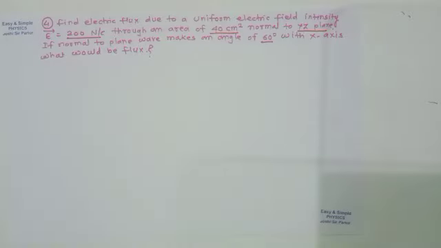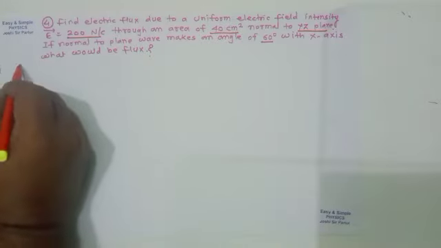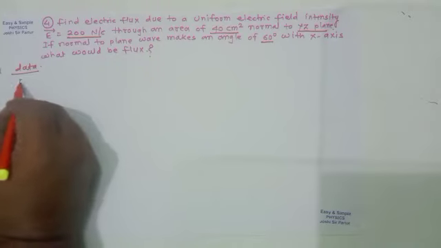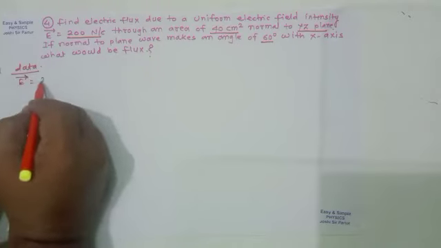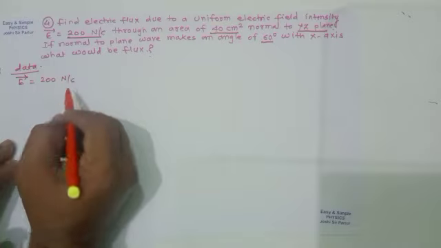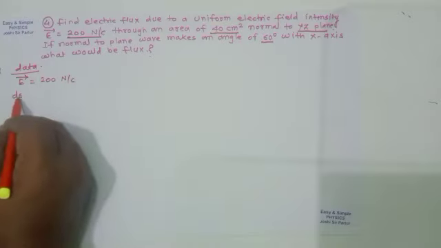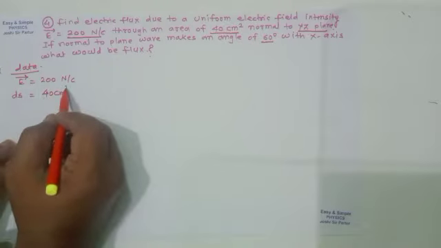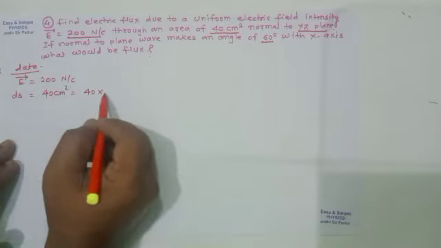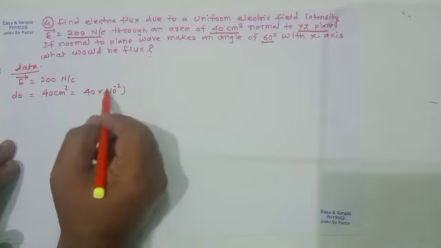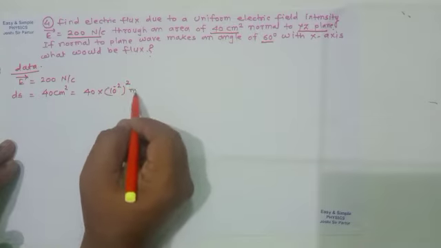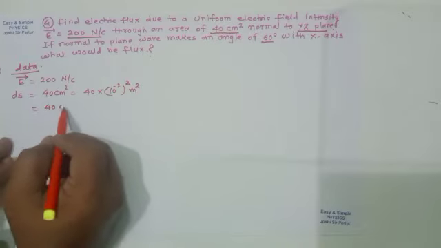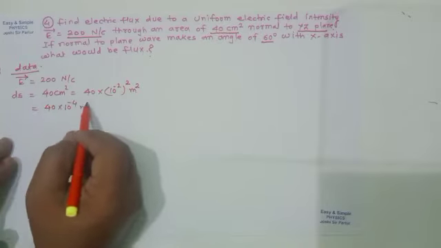The data for this example is: electric intensity is given as 200 Newton per Coulomb. Surface area ds is given as 40 centimeter square, which means 40 into 10 raised to minus 4 meter square.